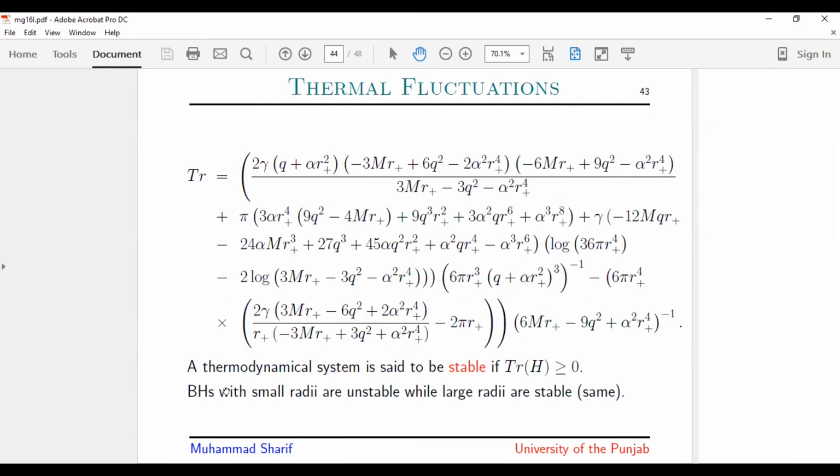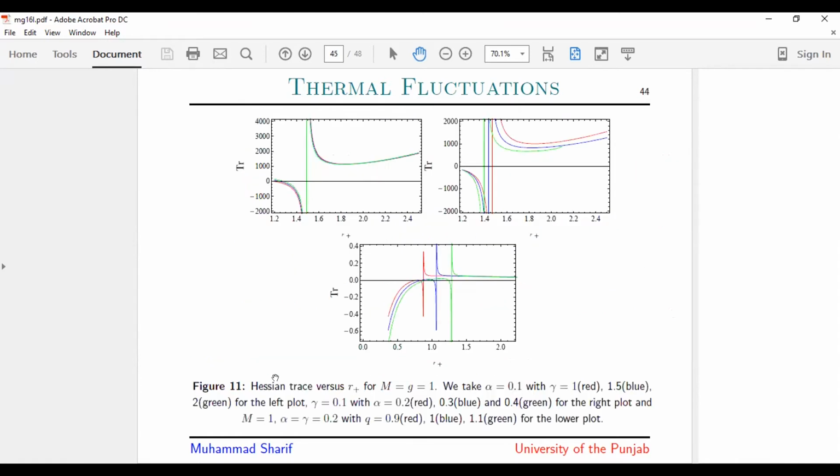This is given by here, and we know that the thermodynamic system would be stable if this trace is positive, and we can conclude from here that black holes with small radii are unstable while large radii are stable. This is the same as we have discussed through heat capacity.